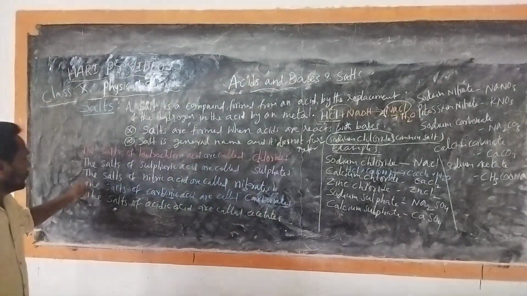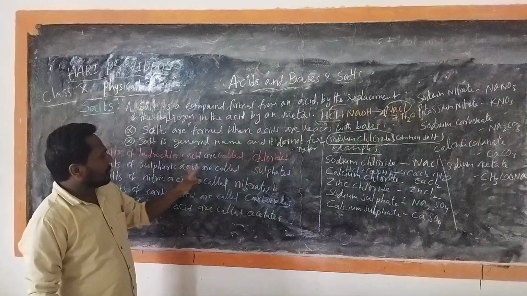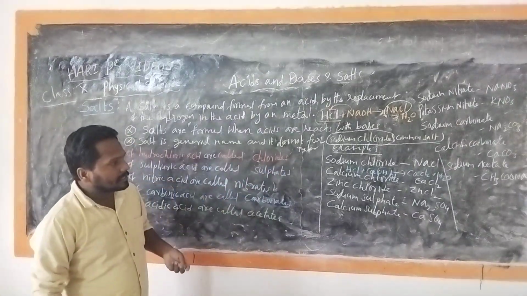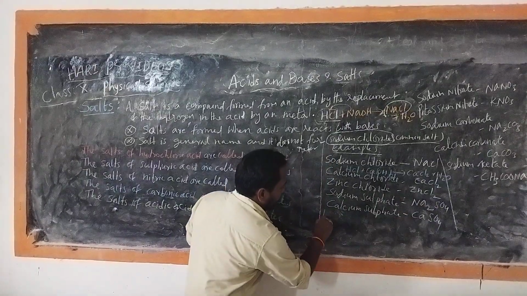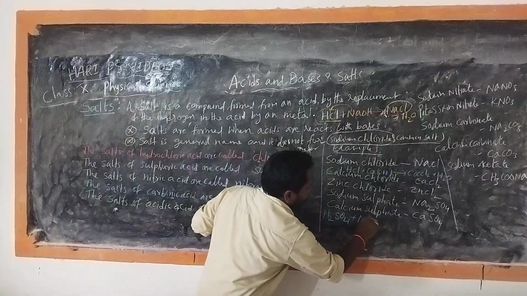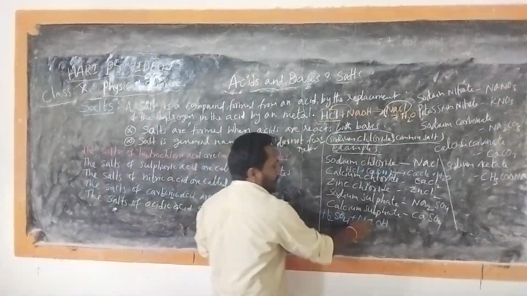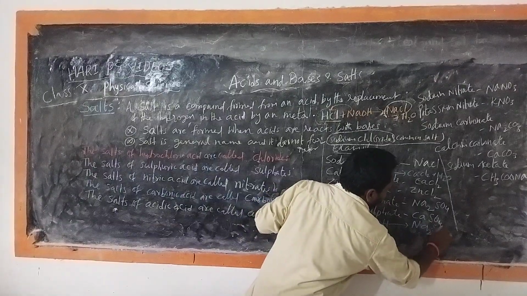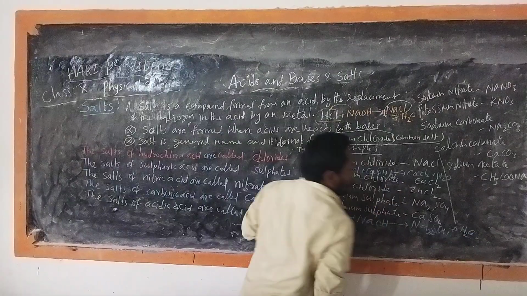Then coming second, the salts of sulfuric acid are called sulfates. For example, sodium sulfate. If sulfuric acid reacts with sodium hydroxide, it gives sodium sulfate plus water.